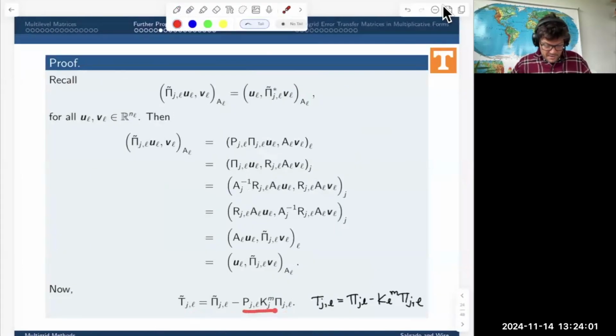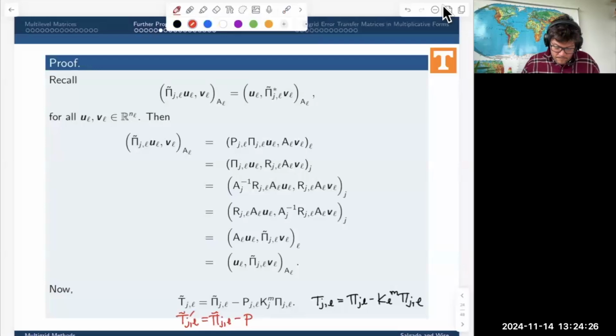So I need to have this appearing on the other side. How do I get there? What I want to appear on the other side is the star version of that. So I want TJL tilde prime. And so this should be KJ star M. So that's what I want to show up on the other side.